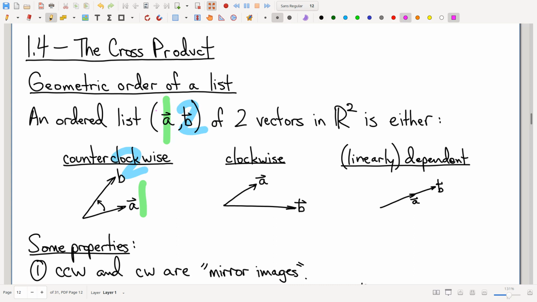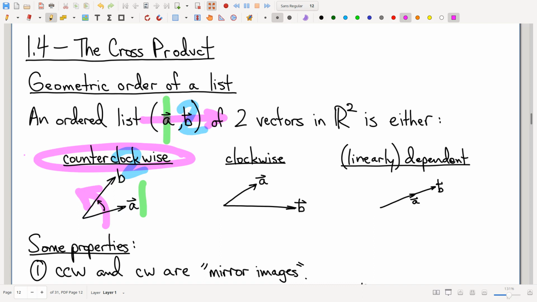And the order being part of the deal, I'm going to say that this order, this list, 1 first, 2 second, A first, B second, it's reasonable to call this a counterclockwise order as per the vectors indicated in this picture here. Right? There was the A vector, there's the B vector. A first, B second has us rotating counterclockwise.